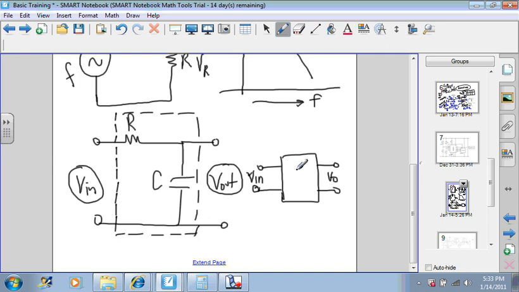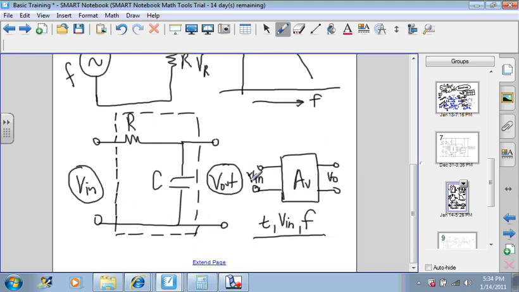And then we would come up with something called the transfer function, or the gain of this block, which basically tells you the relationship between the output and the input based on time, based on the input voltage, and based on frequency, whichever variable or parameter you want to focus on.